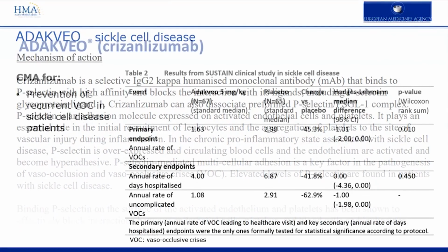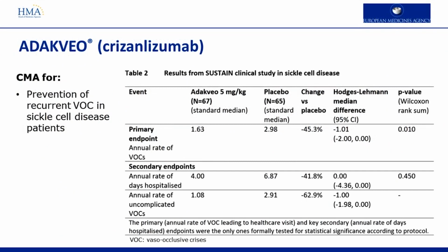Next slide. At the time of submission, the main study, which included 198 patients with sickle cell disease, showed that Adakveo was effective at reducing the number of painful crises. In this study, patients given Adakveo had on average 1.6 crises per year, while patients given placebo had an average of 3 crises per year.